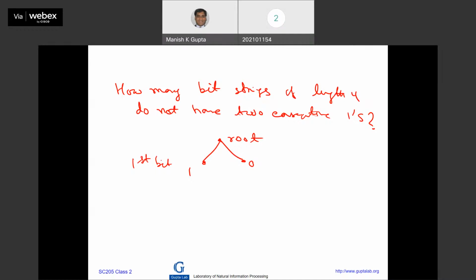Then if I go further, to the second bit: if the first bit is 1, the second bit cannot be 1, it will be 0. And if the first bit is 0, the second bit could be 1 or 0. Then you go to the third bit.